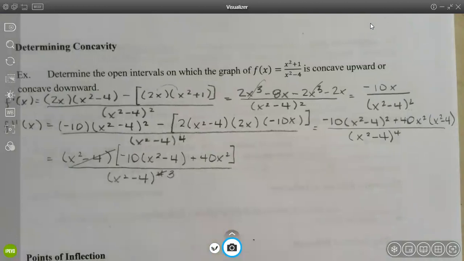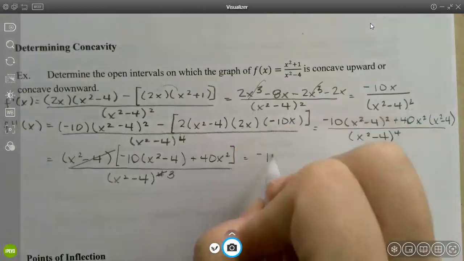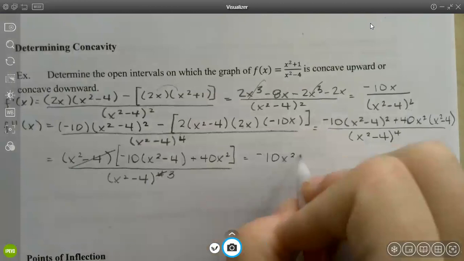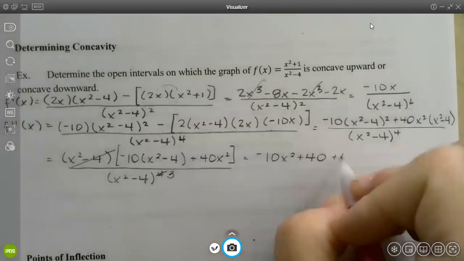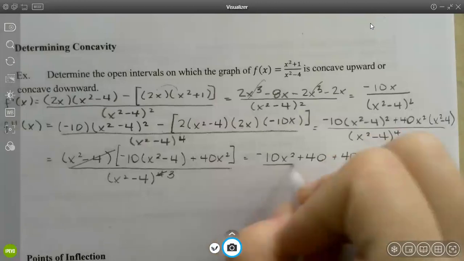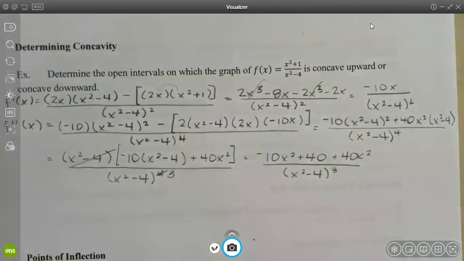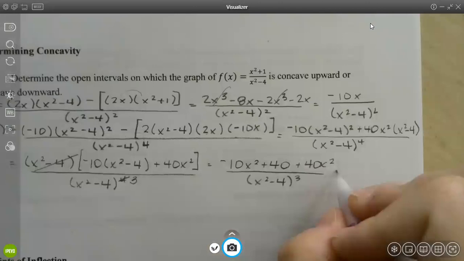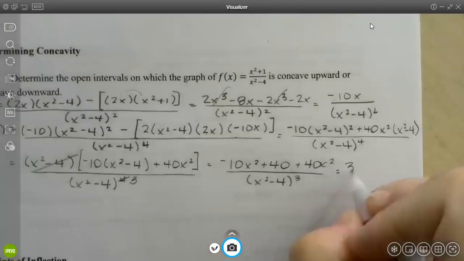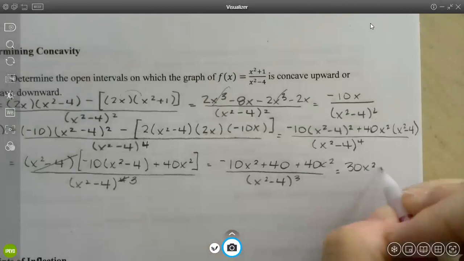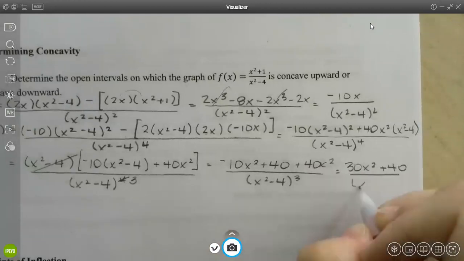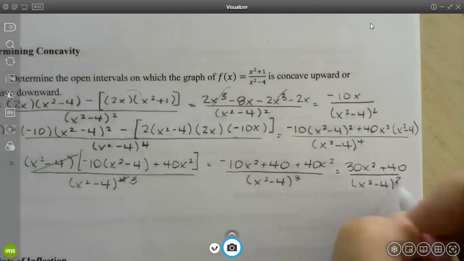And then just clean up the top. You have negative 10x squared plus 40 plus 40x squared over x squared minus 4 cubed. This gives you 30x squared plus 40 over x squared minus 4 cubed.